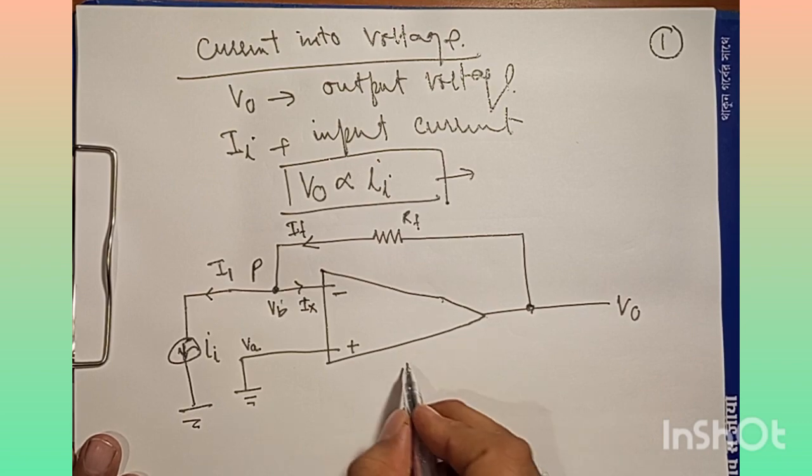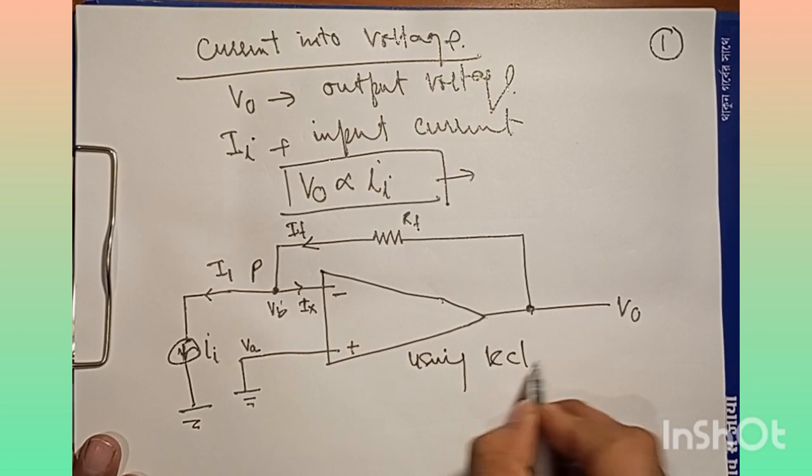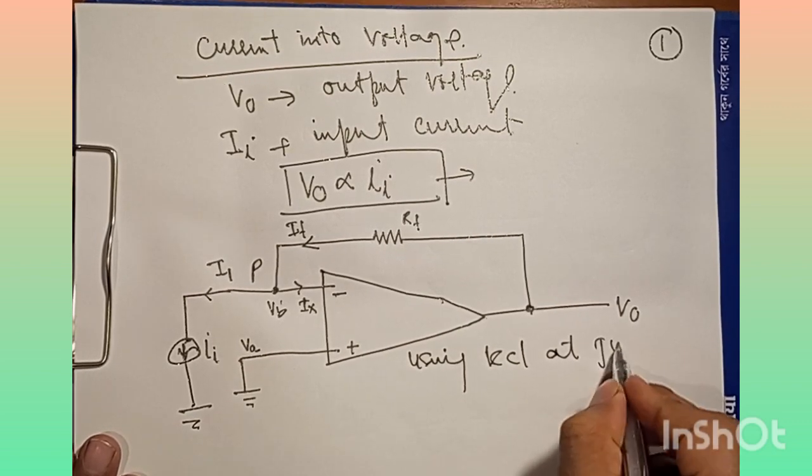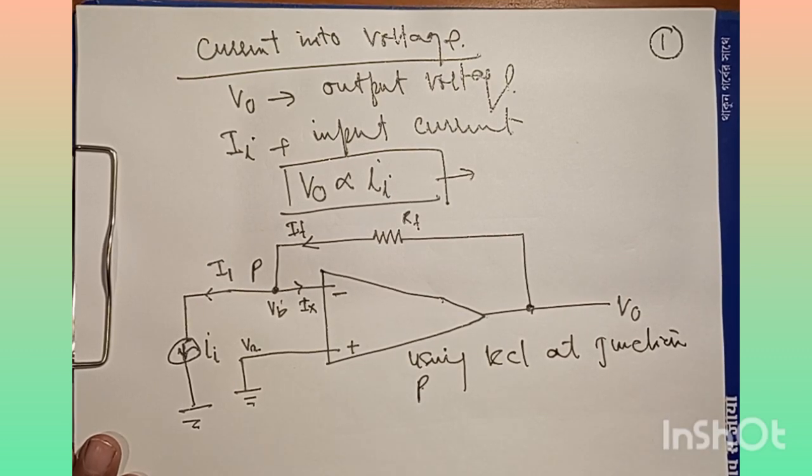Now, using KCL at junction P, that should be the case, right?